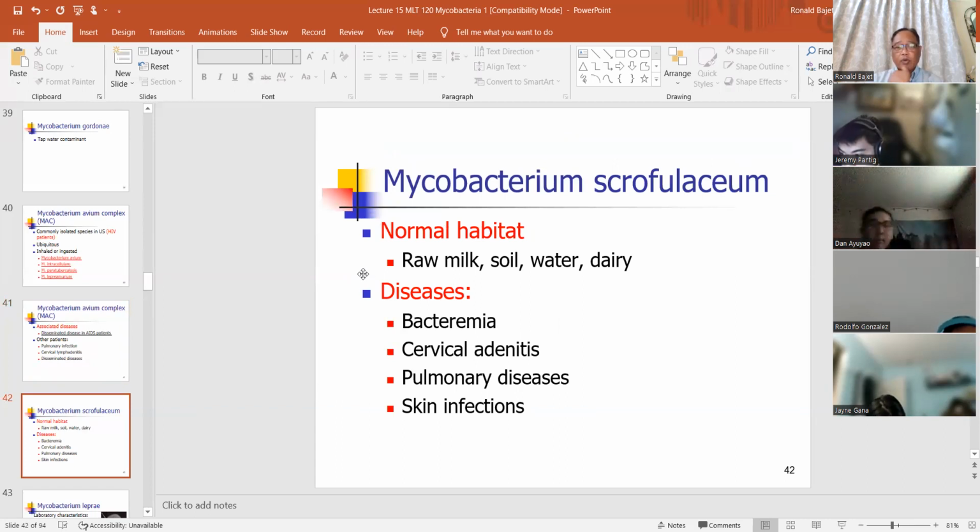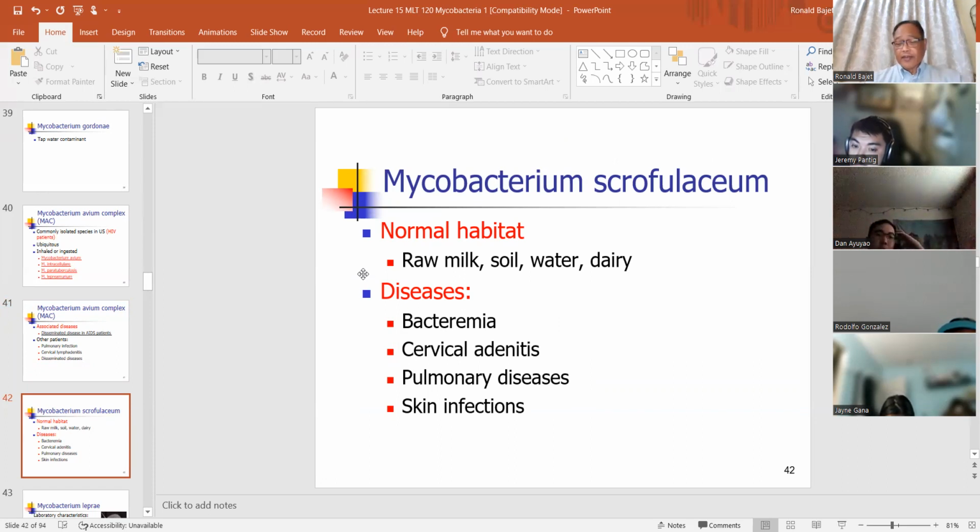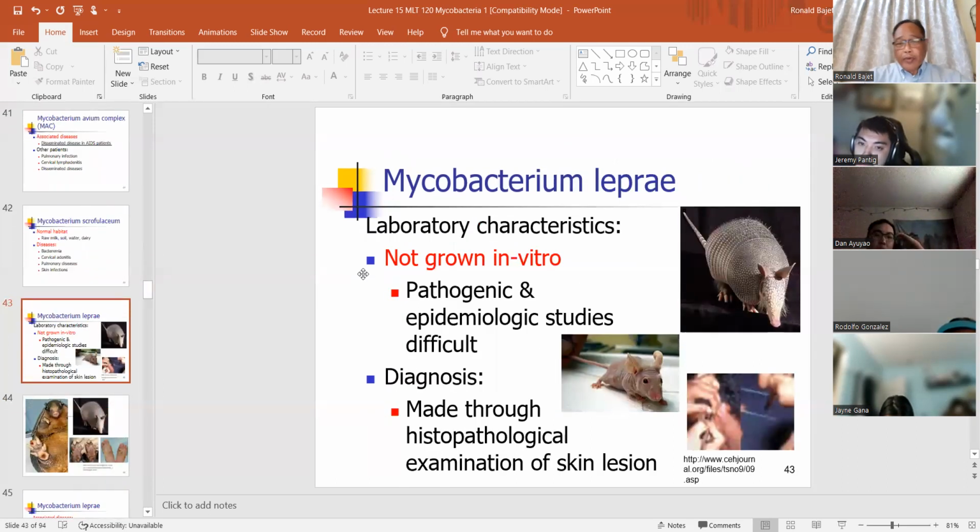Mycobacterium scrofulaceum: normal habitat is raw milk, soil, water, or dairy products. The diseases can be bacteremia, cervical adenitis, pulmonary diseases, and skin infections. Leprae, leprosy: no growth in vitro, like I said. It will only grow in armadillos or the athymic mouse, more commonly the armadillos.